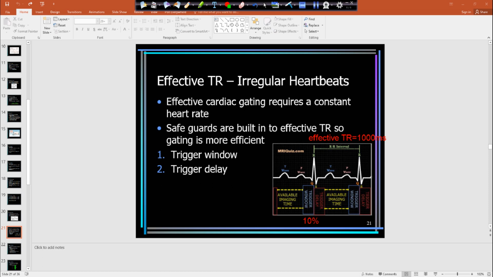We basically multiply 1,000 by 10% and we get 100. Then you subtract that 100 from the 1,000, and that gives you 900 milliseconds of available imaging time. But that is just one of the safeguards. Remember, we have another one, the trigger delay, so we still have to factor that one in.